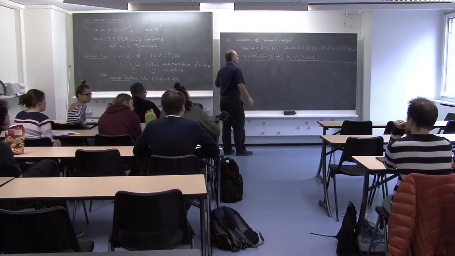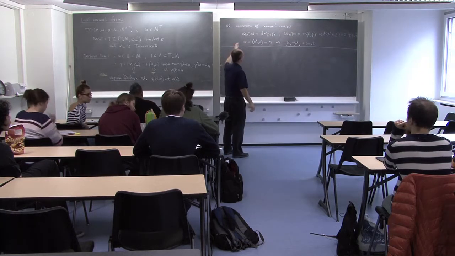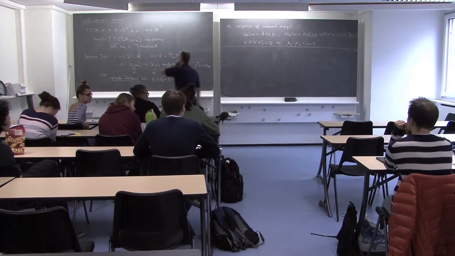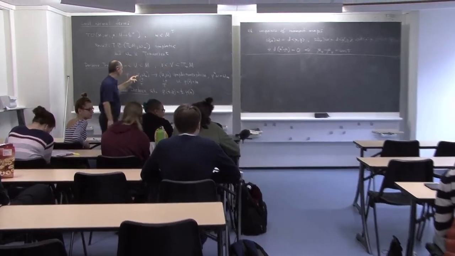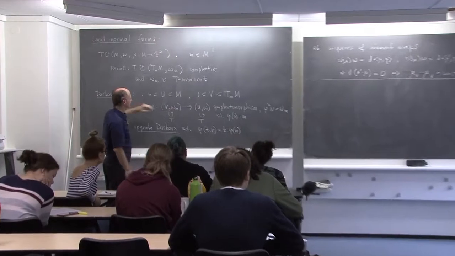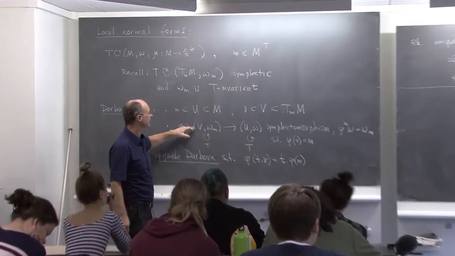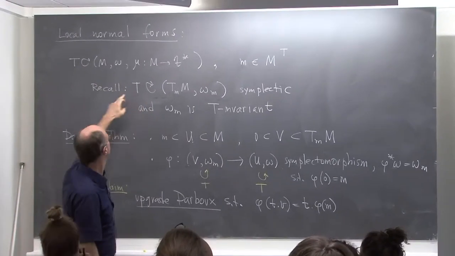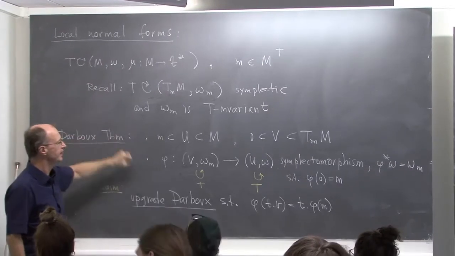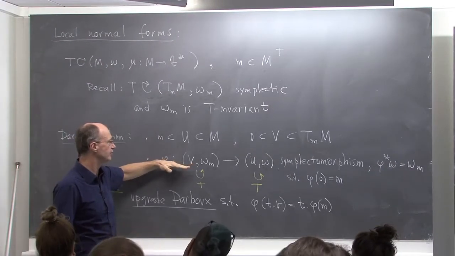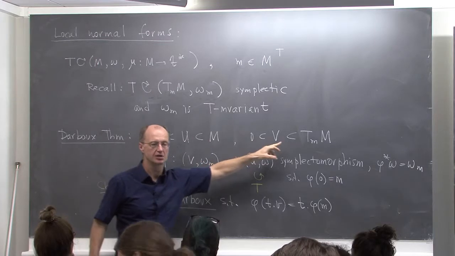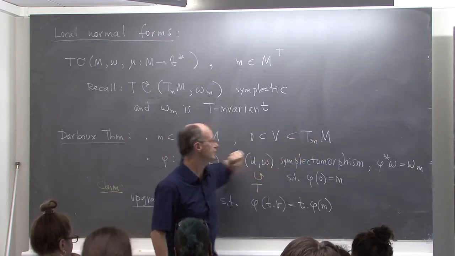Okay, so let's get back to this story. We're now discussing this local model of our space. Near a fixed point, we model it on the neighborhood of the origin in a vector space, in a tangent space.